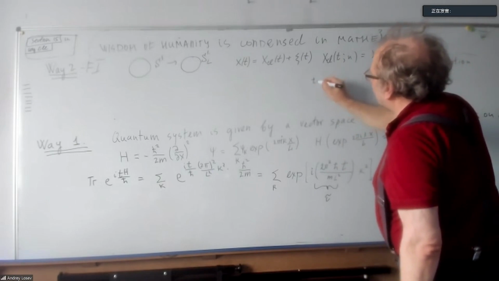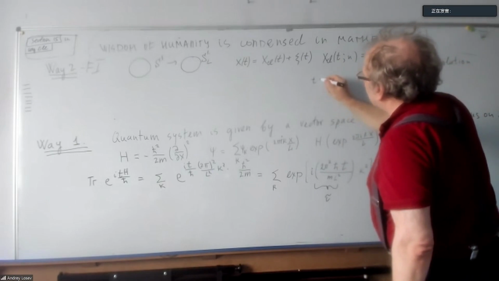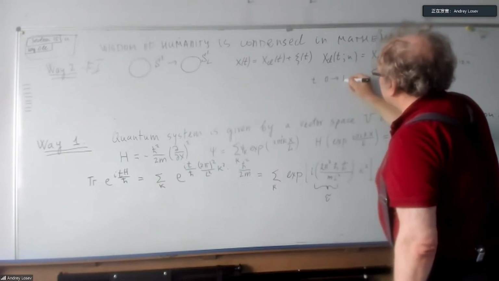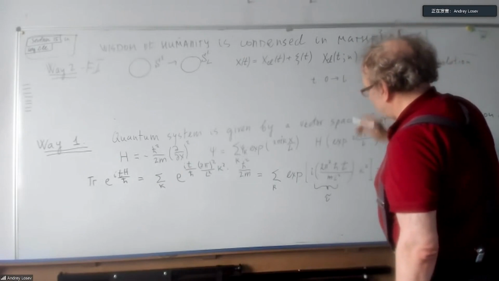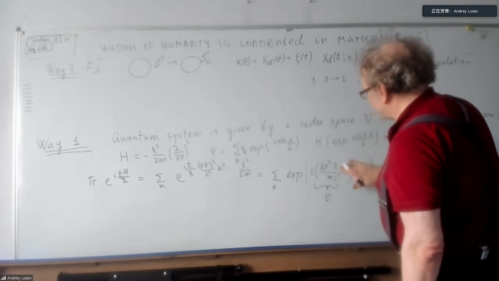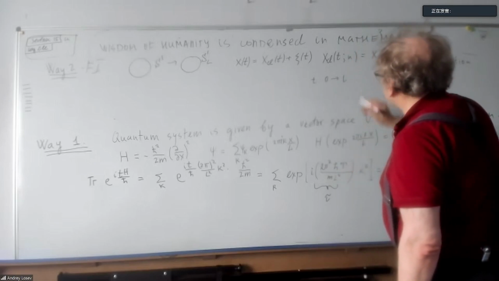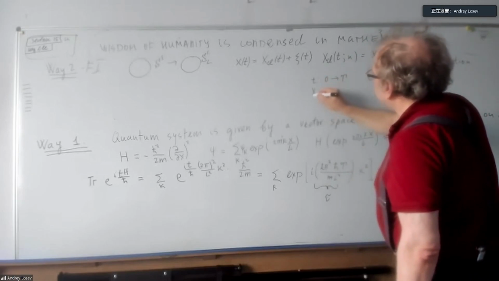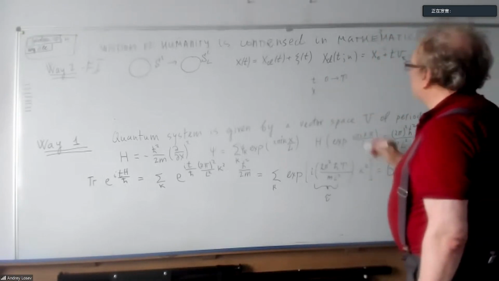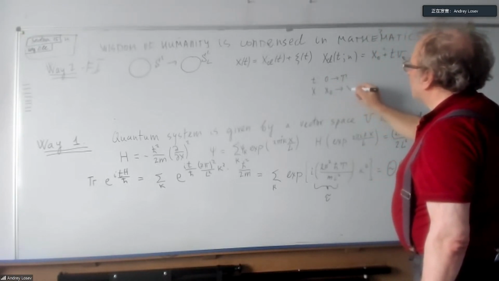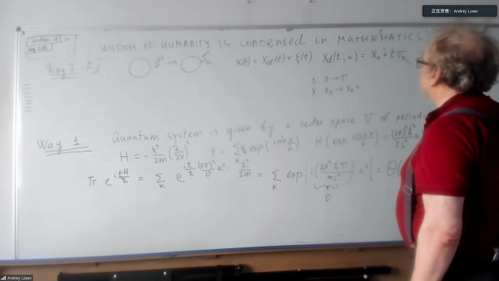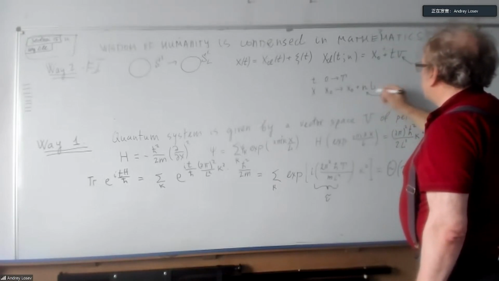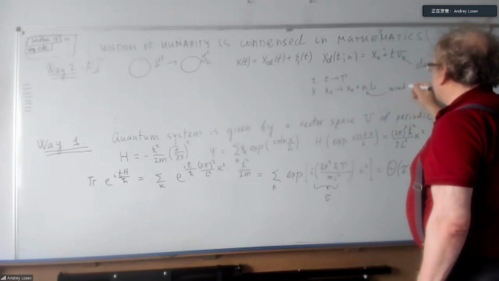When t goes from 0 to t, okay, it was t capital, I should put here t capital, x should go from x naught to x naught plus n L. So this is called winding number.